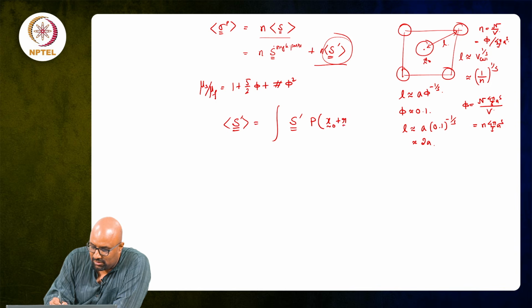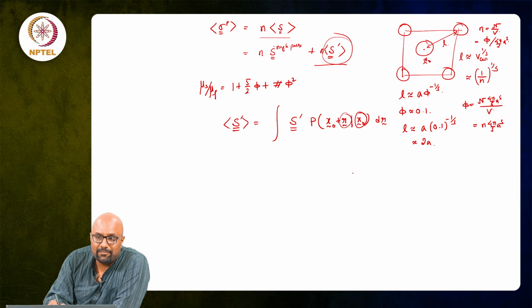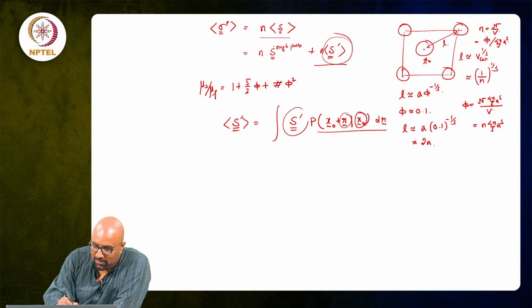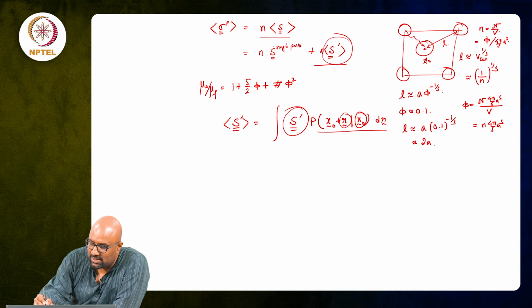Given that one sphere is at x naught, what is the probability of finding another sphere at a distance of r? And then I am going to average the disturbance from the other sphere. So, imagine this is your reference sphere and each of these other spheres is going to create a disturbance.